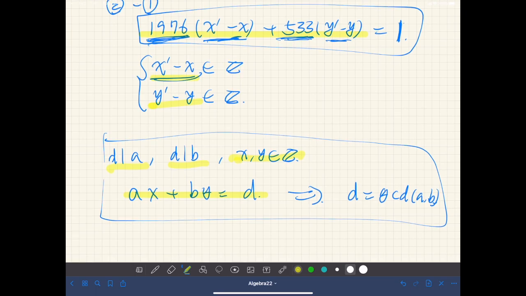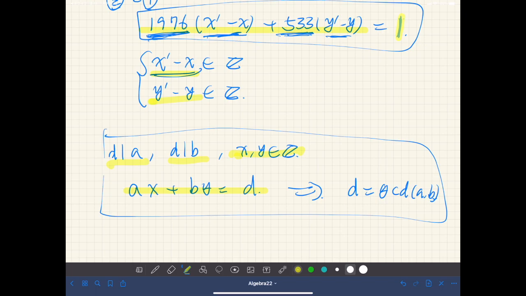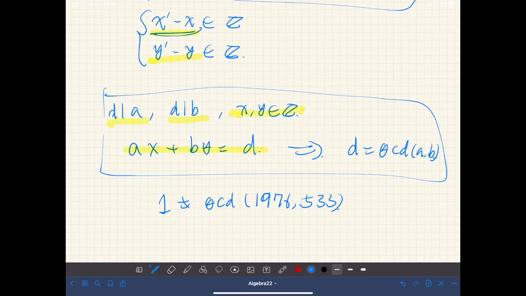If that's the case, then the 1 on the right hand side should be the greatest common divisor. But that is not true. 1 is not the greatest common divisor of 1976 and 533. So this is a contradiction.